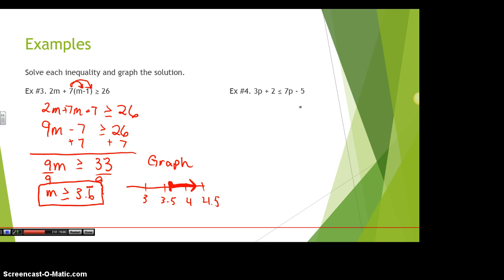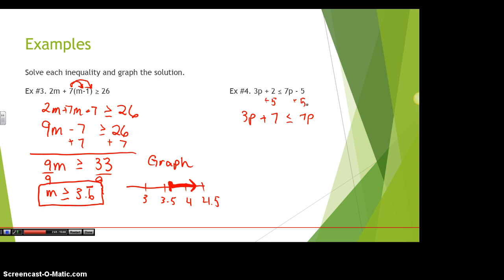So what I'm actually going to do here is bring this 5 over to join the 2. So I'm going to first add 5 to both sides. So I have 3p plus 7 is less than or equal to 7p.